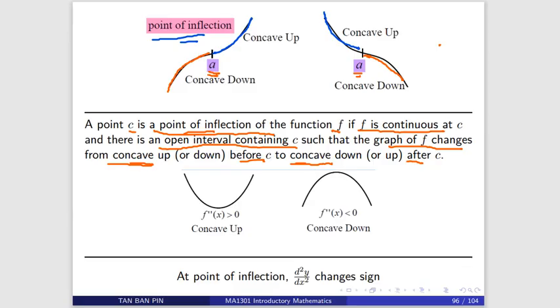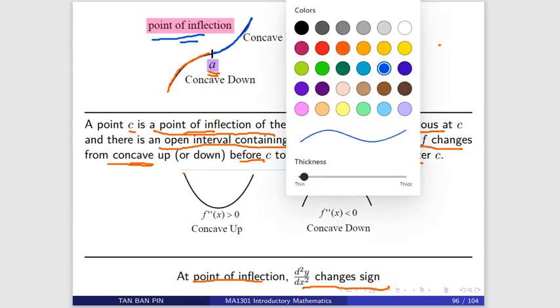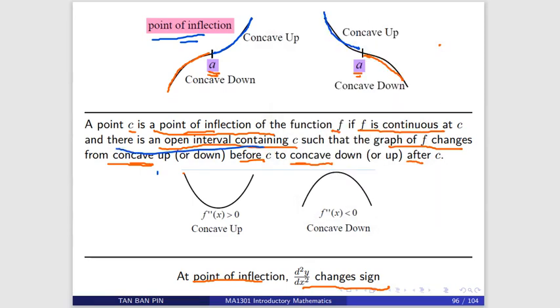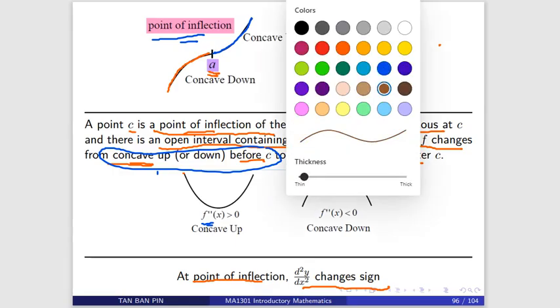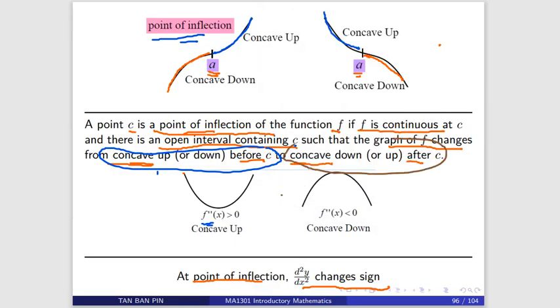So which means to test for a point of inflection, you need to have d2y/dx squared change sign. Because before C concave up means f double prime is positive, then after C concave down means the second derivative will be negative.